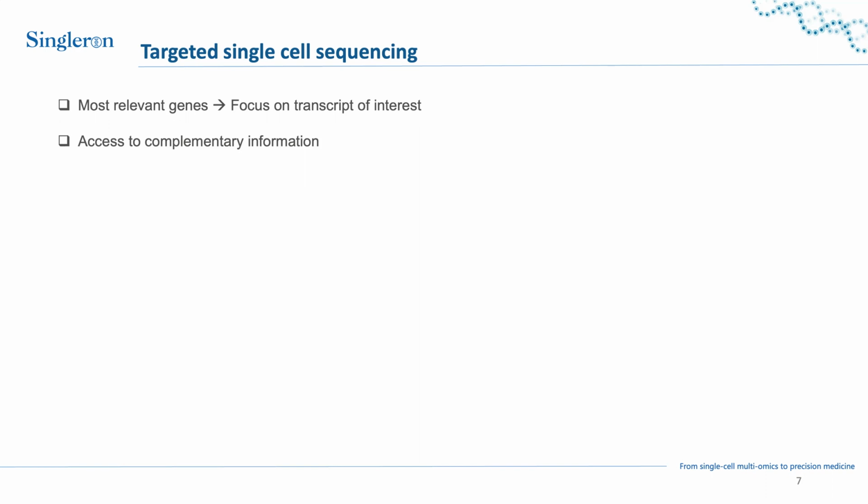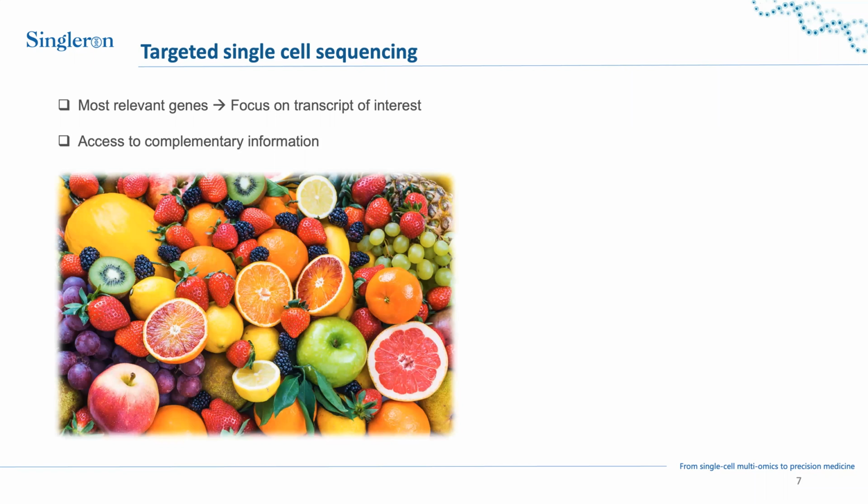complementary information. So when we go back to our fruit salad, what would it mean in this case? When you have a fruit salad, of course, you can taste it. You can see what kind of fruits are in there, but maybe you are interested in the nutritional value of the fruits, or whether there are any contaminations or something like this.